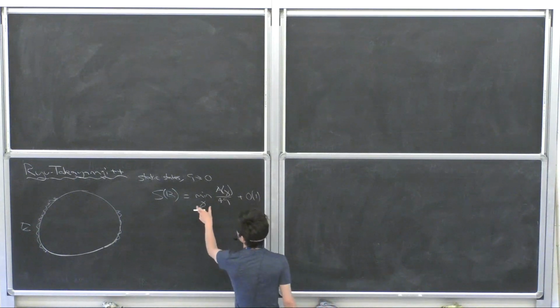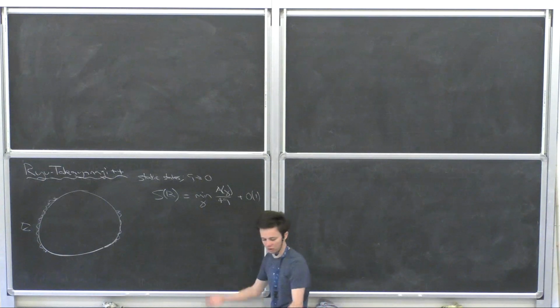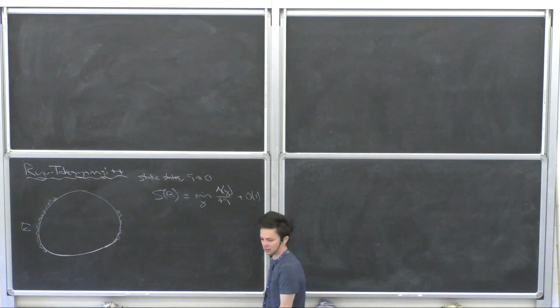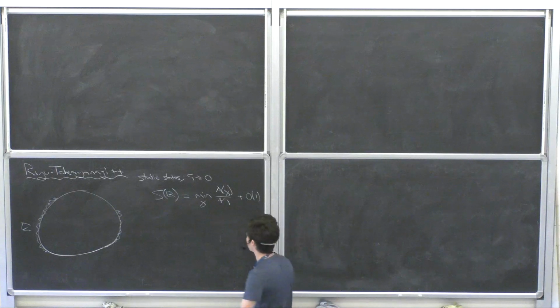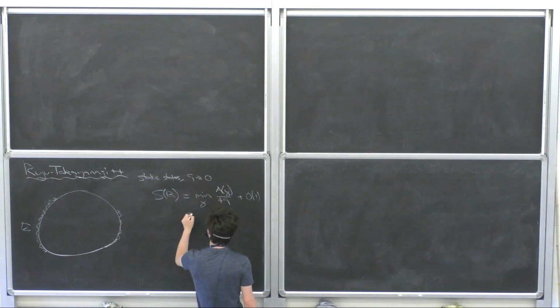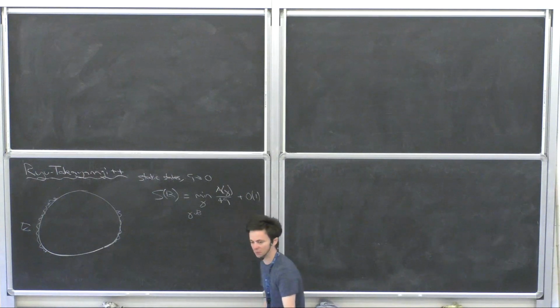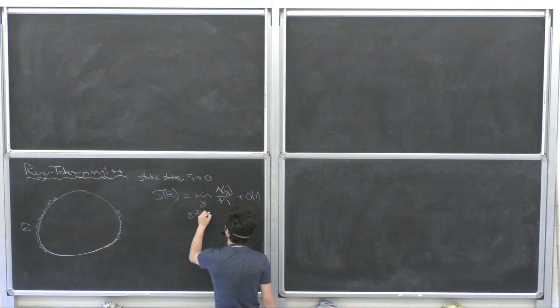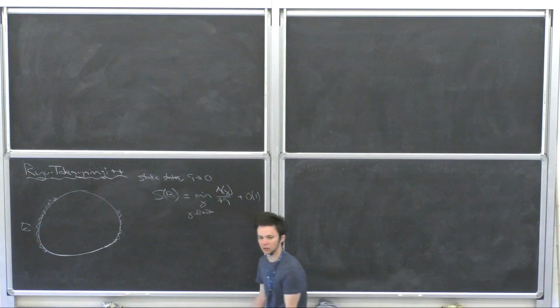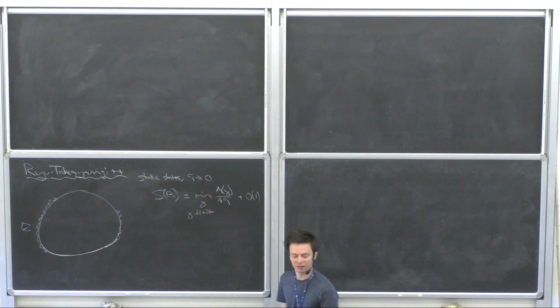So what is this surface gamma? It's not just completely any surface. It has to satisfy something called the homology constraint, which says if we take the union of gamma together with our boundary region, big B, that itself should be the boundary of some bulk region, little b.